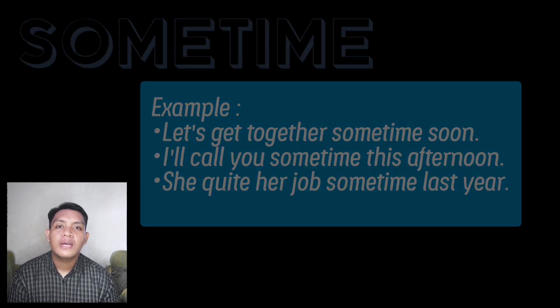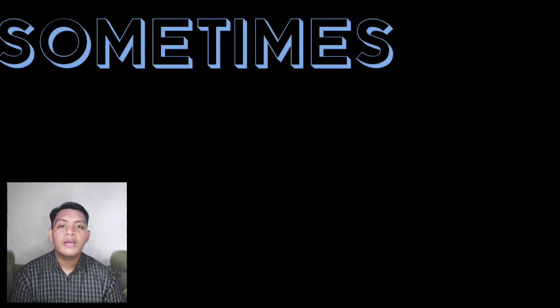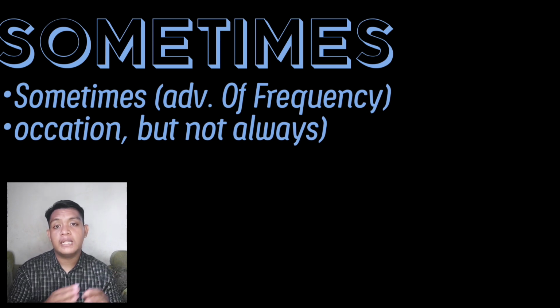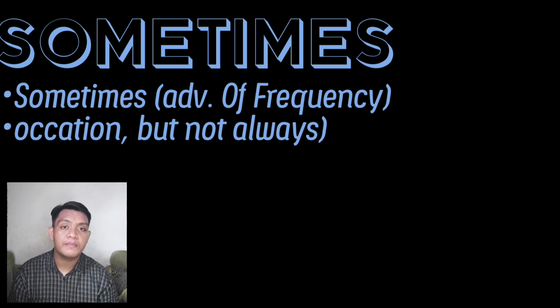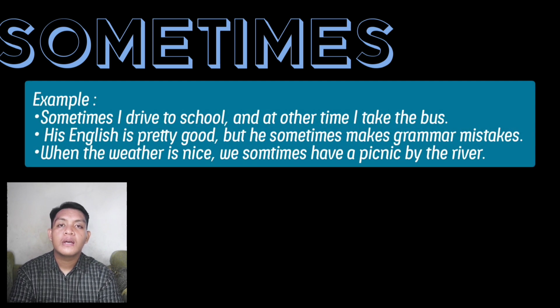Okay, the second is sometimes. Sometimes is an adverb of frequency, meaning it describes how frequently something happens. Sometimes means it happens on certain occasions, but not always. Okay, let's see the example.